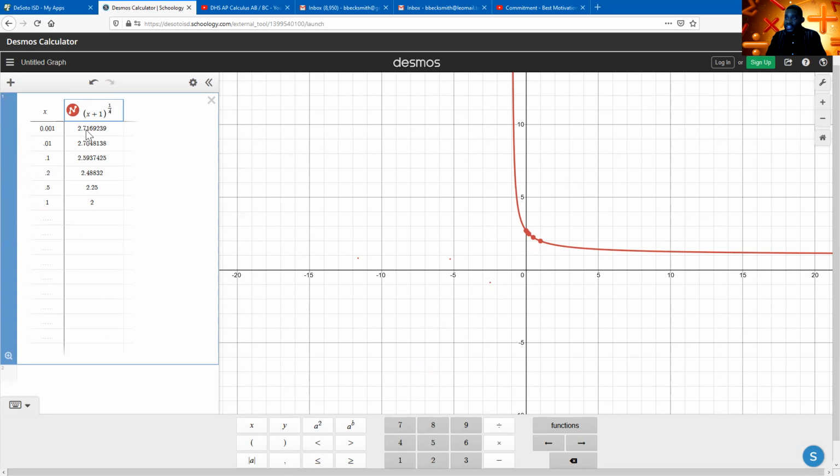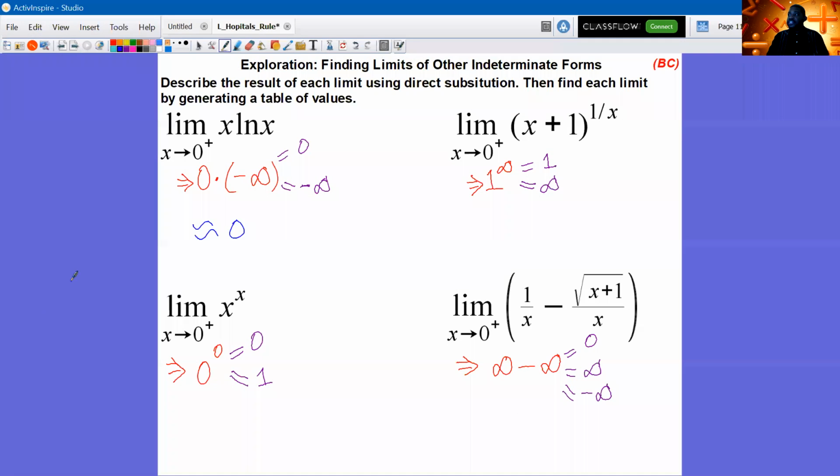Looks like 2.712. So that would be my guess, 2.712. Okay. So again, I'm emphasizing the fact I am guessing a limit. You guess a limit, you're not going to know if you're correct or not. The 2.717 will be my guess.